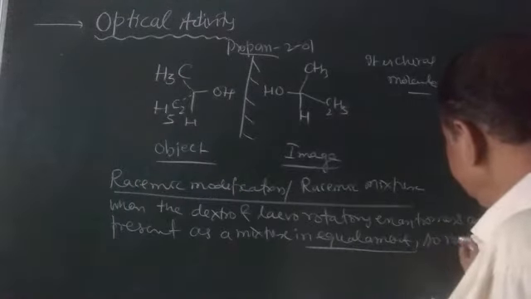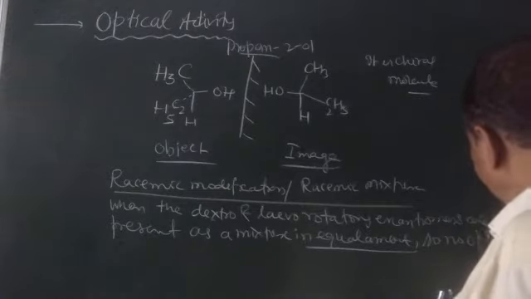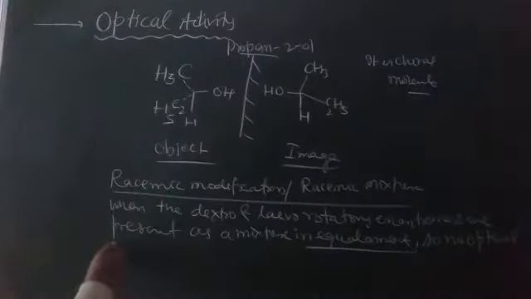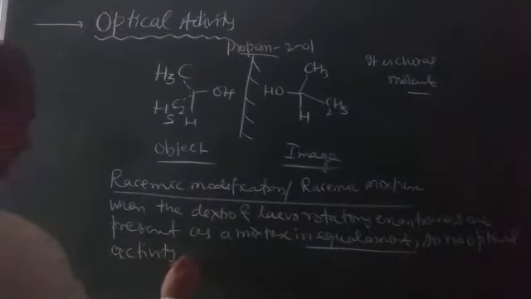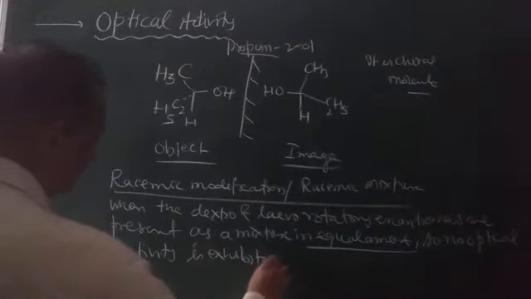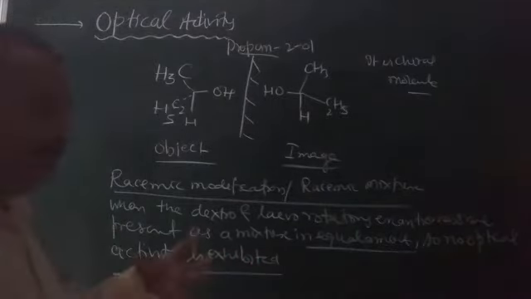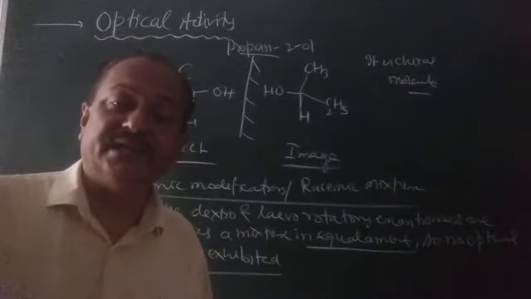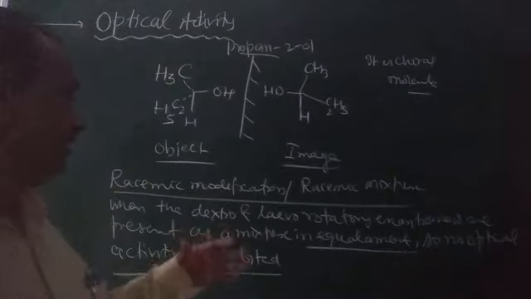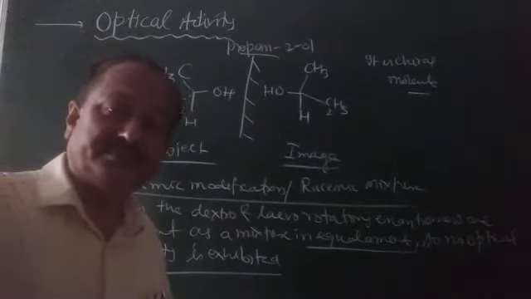So what will happen? No optical activity is exhibited. So this mixture will not have any optical activity, and such a mixture is called a racemic modification or racemic mixture.